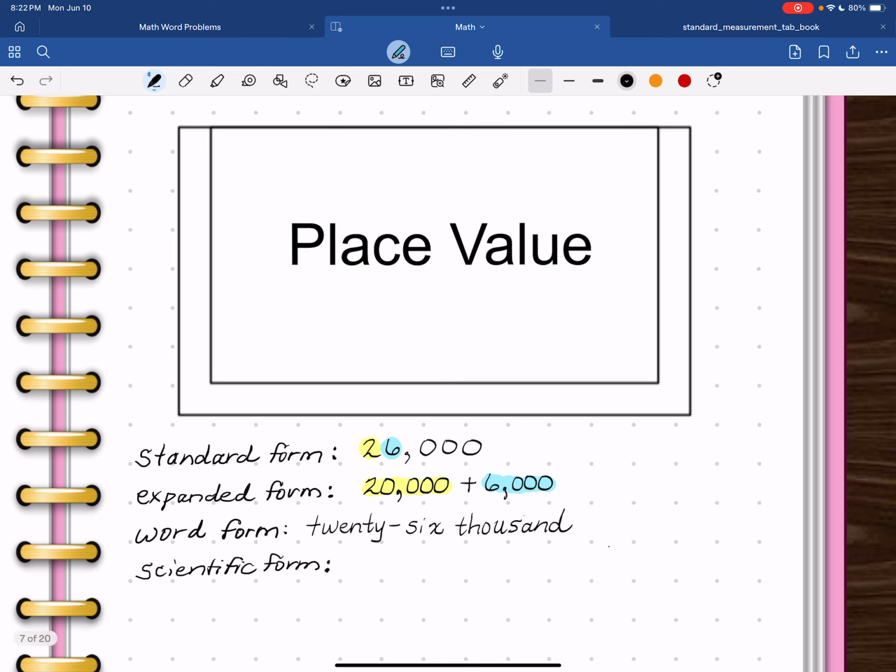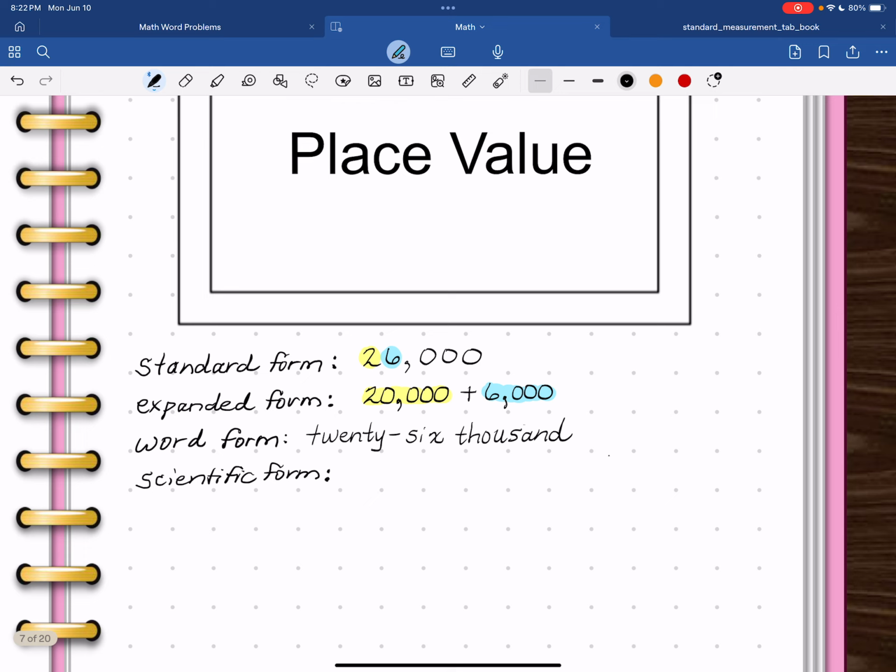Okay, scientific form is a little bit more of a challenge here. So you would need to talk with them about how you put one number and then all non-zero numbers. So 2.6 times 10, and there are 4 digits after the leader. So that's your exponent.